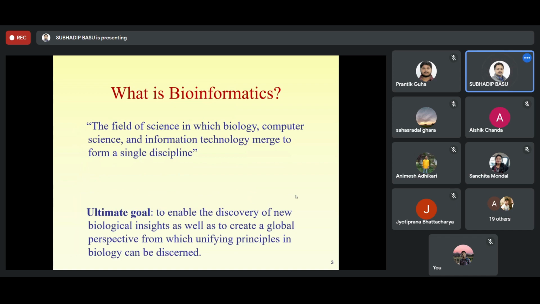And what is the ultimate goal? The ultimate goal is to enable the discovery of new biological insights. Okay, like we are living in the COVID era, right? This is the pandemic era, and you can see how bioinformatics is helping to solve problems.